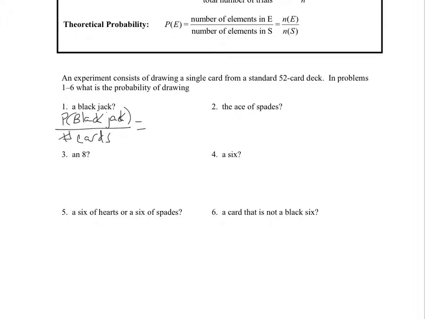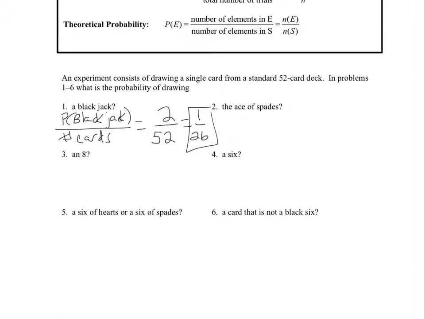Well, if you remember anything about decks of cards, we have 4 suits, 2 are red and 2 are black. So I have clubs and I have spades that are black, and each one of those would have a jack. That means there are 2 black jacks in a deck of 52 cards. Now, that fraction can be reduced down. So simplest form is 1/26, and that would be my probability.